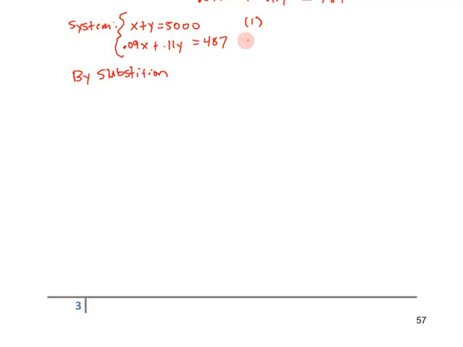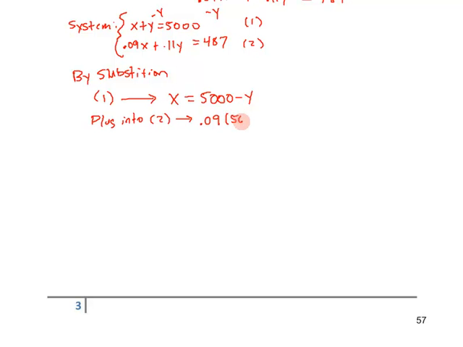So if I call this equation 1 and this equation 2, from equation 1, if I subtract, say, Y from both sides, I end up with X is equal to 5,000 minus Y. Okay, now I'm going to plug that into equation 2 and get 0.09 times 5,000 minus Y plus 0.11Y is equal to 487. See, all I just did was stick 5,000 minus Y in for X right here.